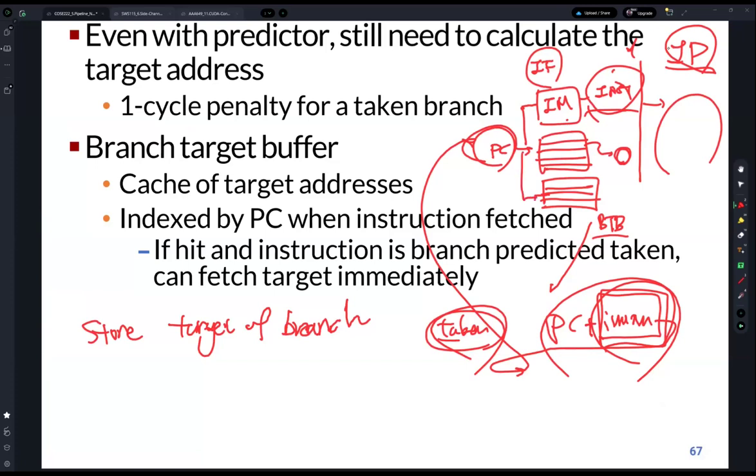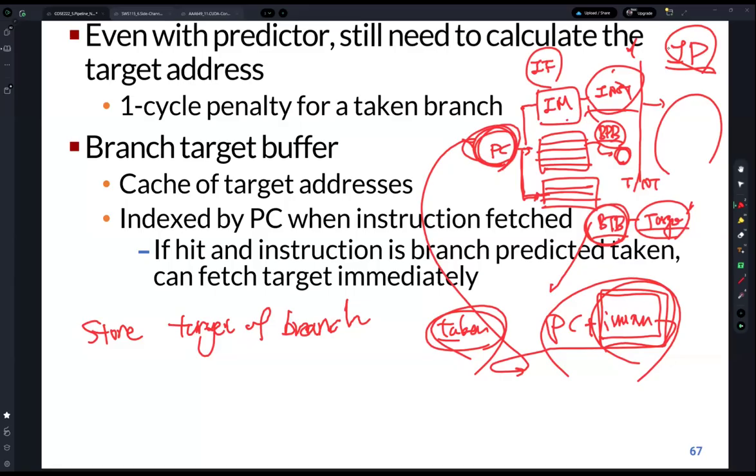And this is also accessed by PC. So using the BPB, we can predict the result of a branch instruction, taken or not taken. And the BTB, also accessed by PC, gives us the target, which is a constant value.